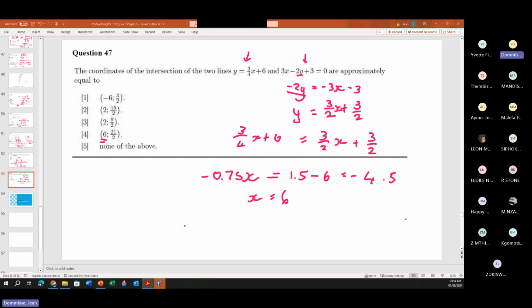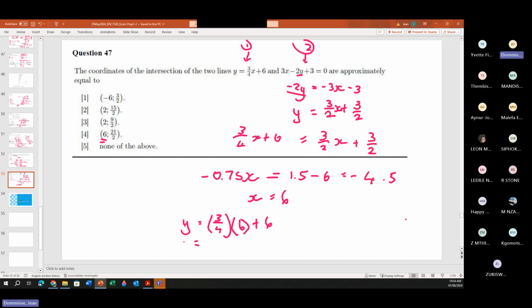And then substitute it into any one of the first or the second formula to get y. So let's put it into this one, even if it is a fraction. So 3 over 4 times 6 plus 6.